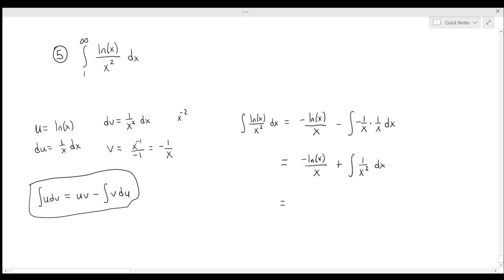And now we need to evaluate the integral of 1 over x squared, which incidentally we already did over here. So rewrite it as x to the negative 2 power. It's going to give us negative 1 over x.